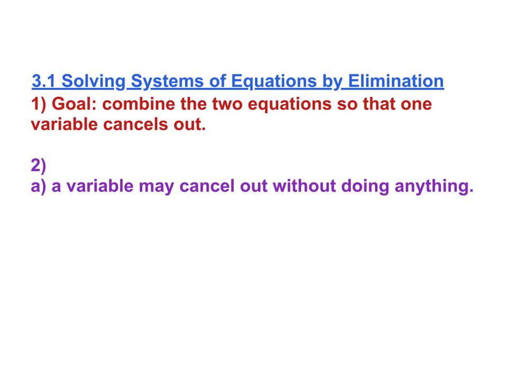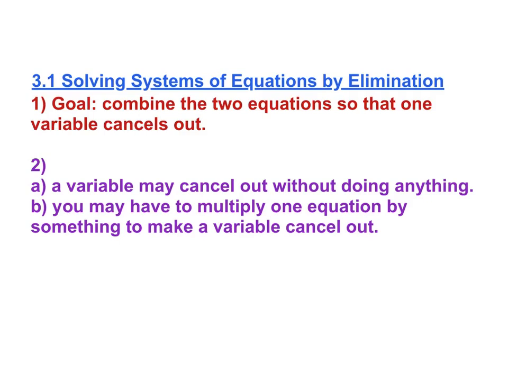The second scenario is you might have to multiply one of the equations by something to make a variable cancel out. And like I said, this is going to seem easier when we look at an actual problem. But this way, you can keep the sort of steps in front of you as you work through the problems if you can't quite remember what it is you're supposed to do.